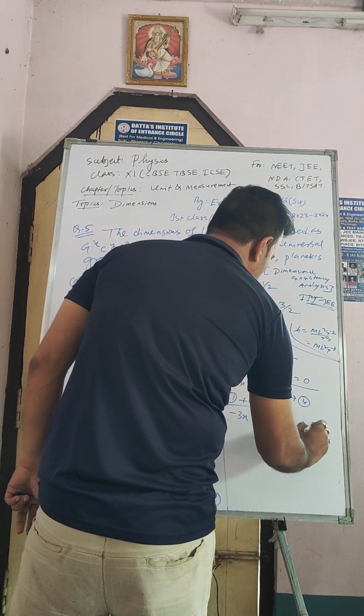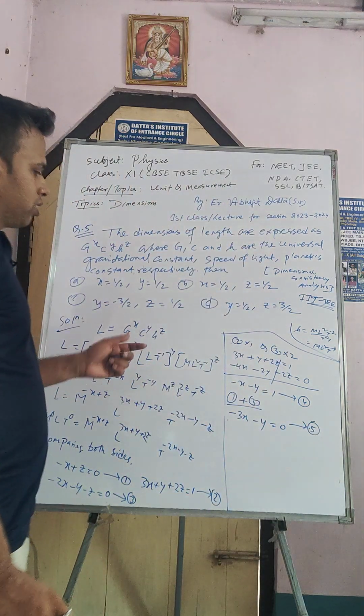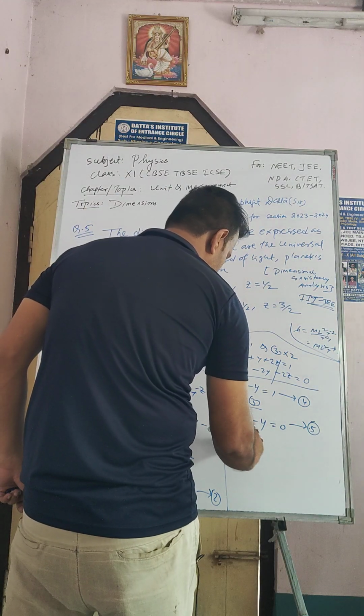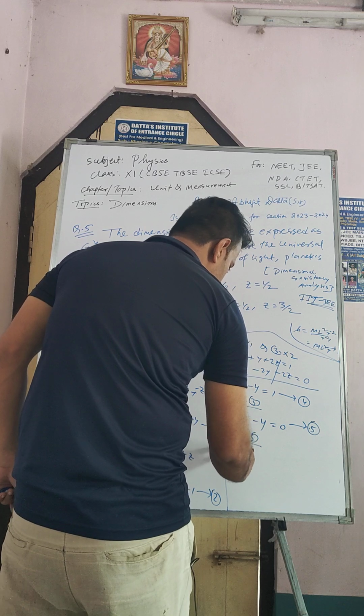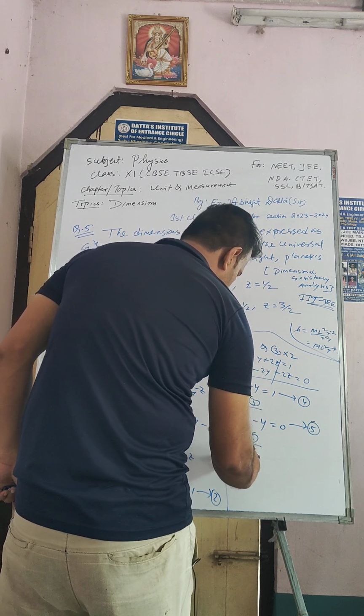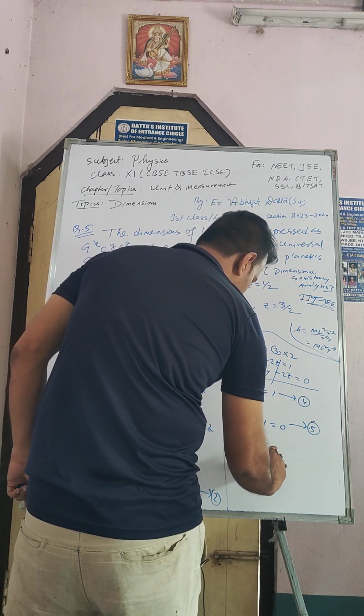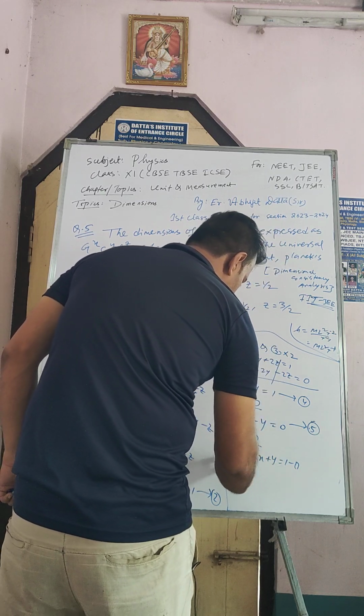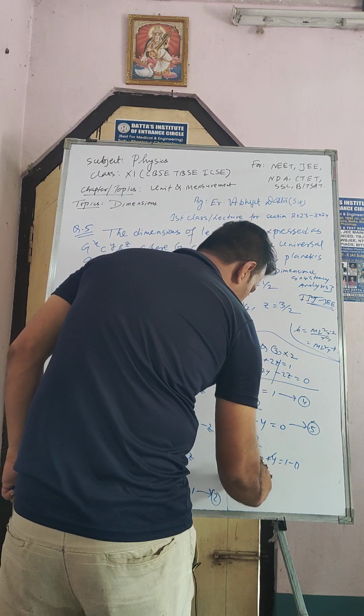So it is equation 5. Now we have to solve it. That is, if I do 4 minus 5, it will be x minus y plus 3x plus y equal to 1 minus 0. Then y will be cancelled, so 2x is equal to 1, so x is equal to 1 by 2.